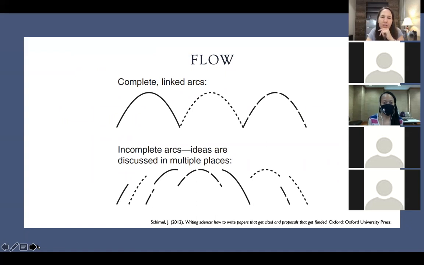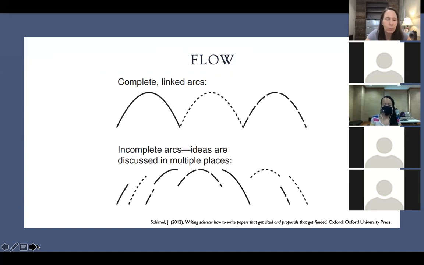So if you've heard that you have a problem with flow in your paper, or you just feel like your paper doesn't have good flow, then what you really want to be looking for is places where you pick up a topic and then you jump to another topic and then you come back to that other topic somewhere else, and your discussion is scattered.